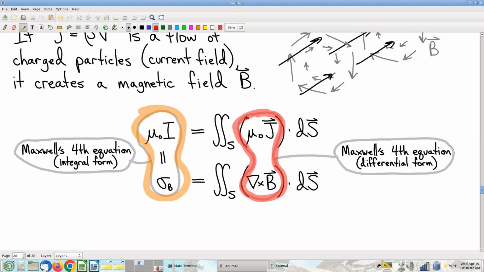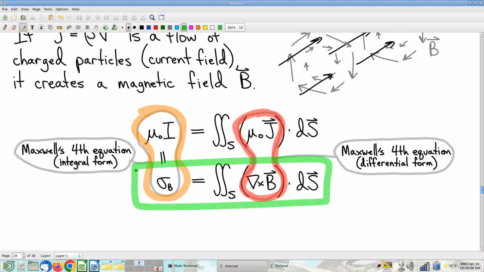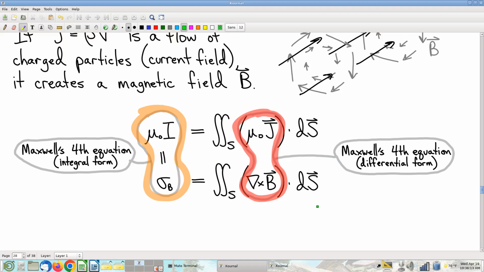So again, these are morally equivalent as statements. These are connected by way of Stokes' theorem, and as such, these are considered to be the same equation, just different versions of it. The one on the left is called the integral form because it represents integrals, as you see how it's written, and the version on the right is called the differential form because it's in terms of a derivative.